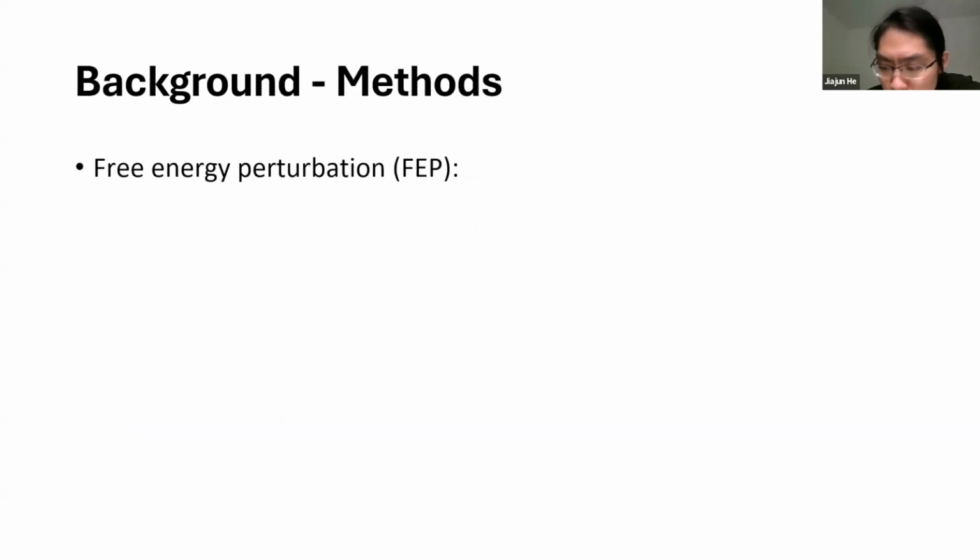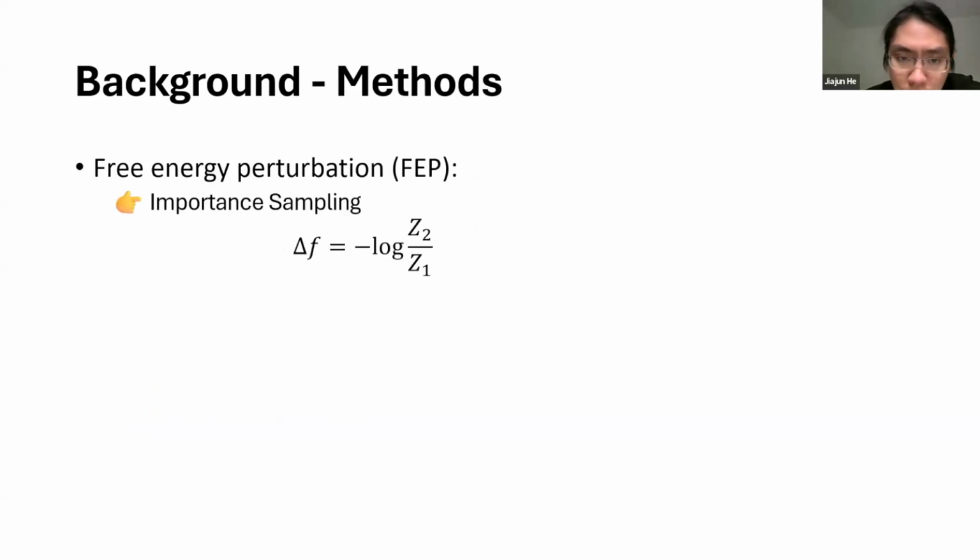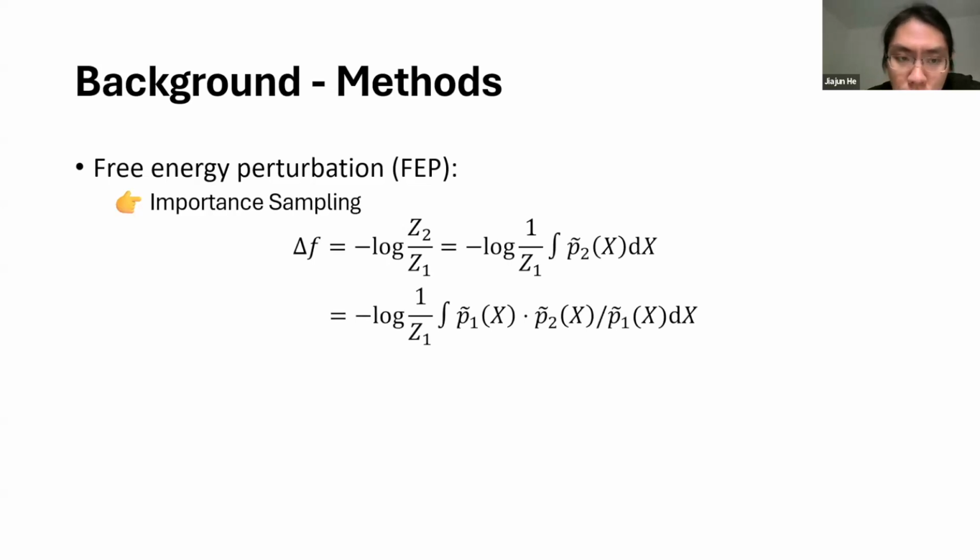Because this thing is very important, there are a lot of historical methods for estimating this free energy difference. I think the most classical and most well-known one is FEP, free energy perturbation. This is actually just standard importance sampling. If you look at this definition of the free energy difference between two systems, we realize that we can plug in the definition of the two, and then we do normal importance sampling.